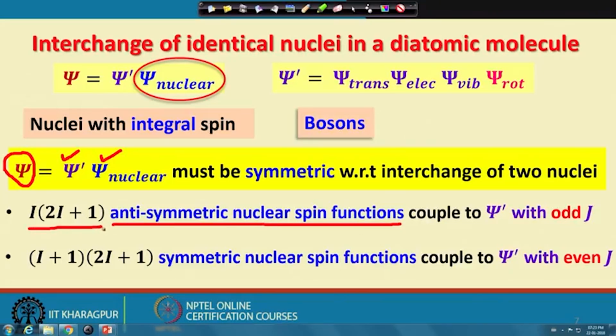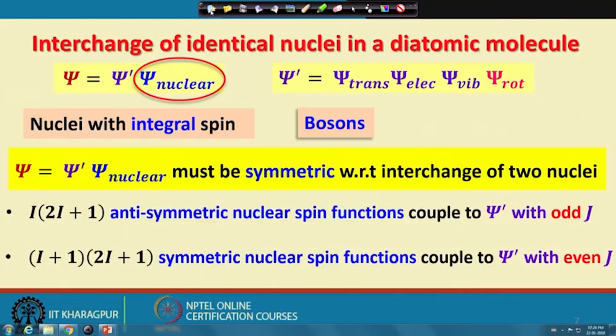I into 2I plus 1, and they must couple with those psi prime values which are associated with odd values of j. In that case only, psi prime is antisymmetric and psi nuclear is also antisymmetric, and in combination they would make the overall wave function psi symmetric with respect to interchange of the two nuclei.